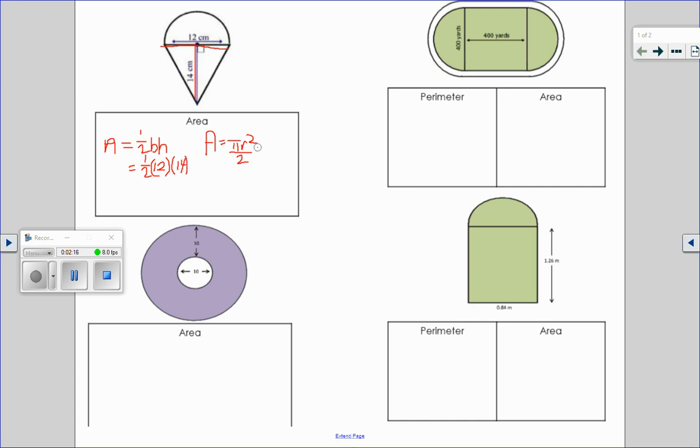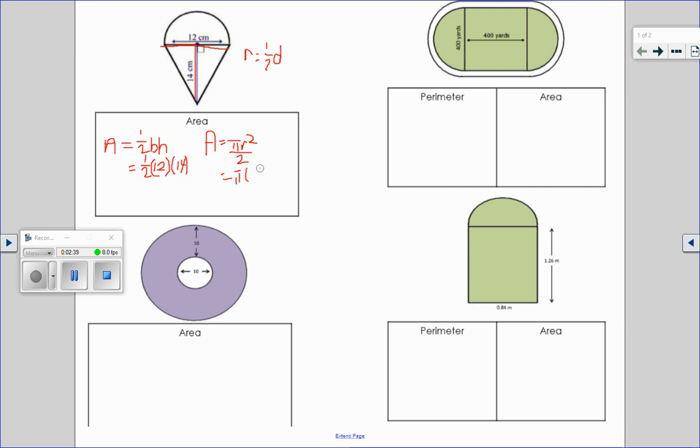The only tricky thing for this one is you need to remember order of operations, because squaring always comes first. And we know that we need to do the radius, which is going to be half of the diameter. So we know that radius equals 1/2 the diameter.